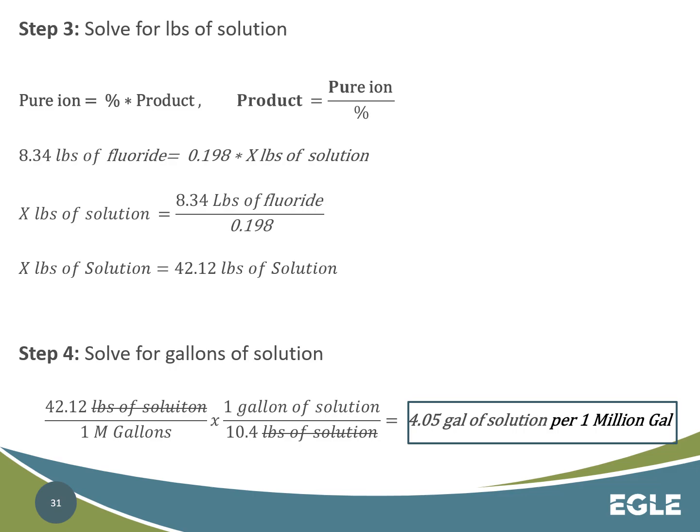You want to use the percentage of the pure fluoride in the solution. You find your pounds of solution. From there, you have to use the weight of 1 gallon of solution to find your gallons of solution.